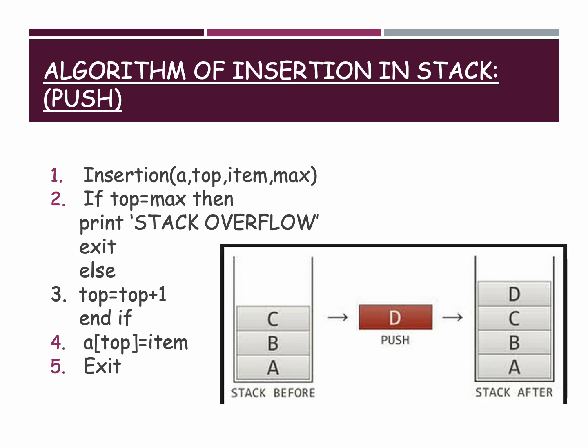A is the stack array. Then top is the current position in the stack. Then item is the element to be inserted, and max, the maximum capacity of the stack. So on the first line, we have insertion, A, top, item, max. We have 4 parameters here.